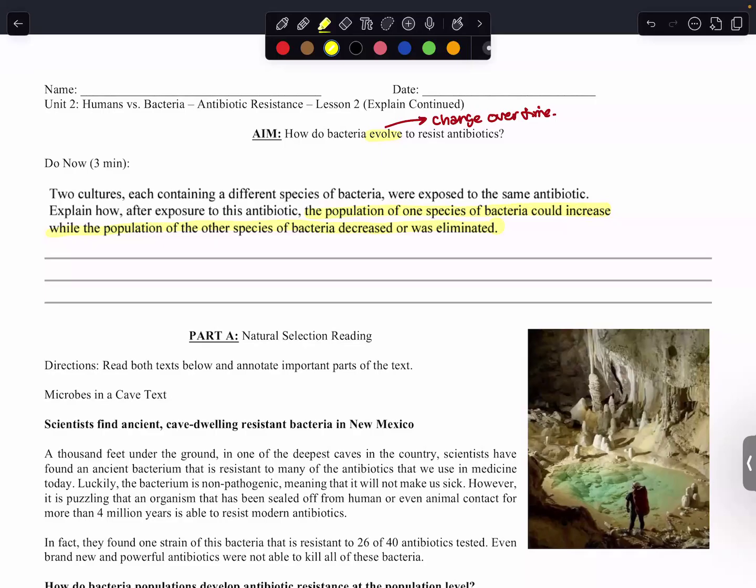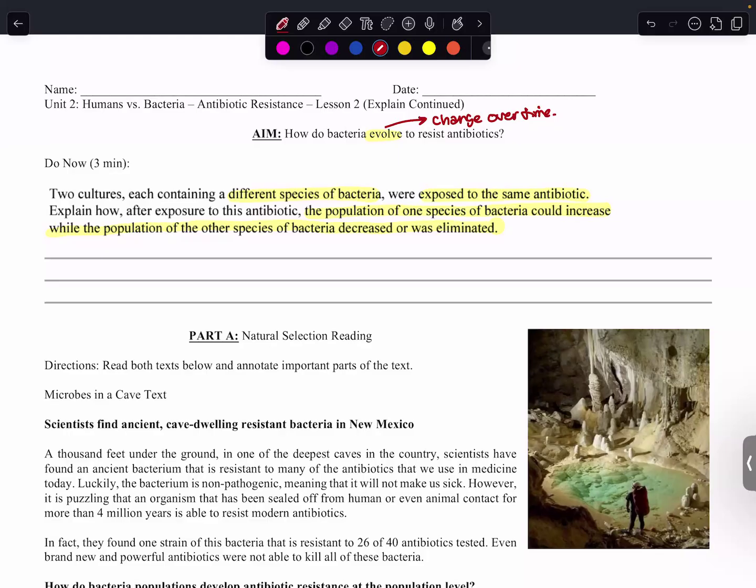All right. So if they were exposed to the same antibiotic, but they were two different species of bacteria, how come it seems like one of them, their population seemed to increase even though they were exposed to it, but the other population seemed to dwindle, decrease, or have been thoroughly eliminated while being exposed to the same antibiotic?